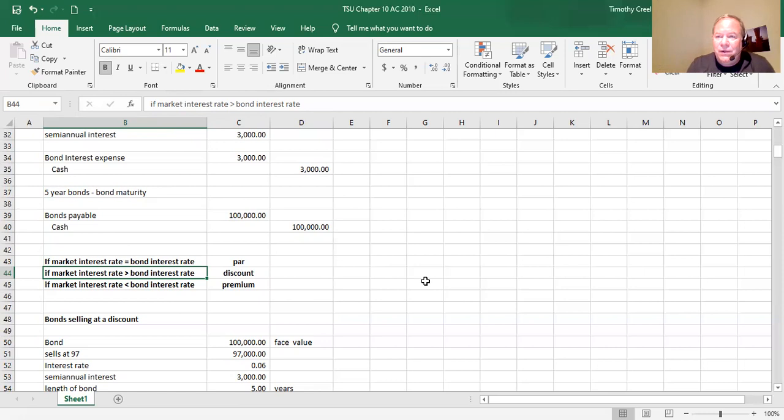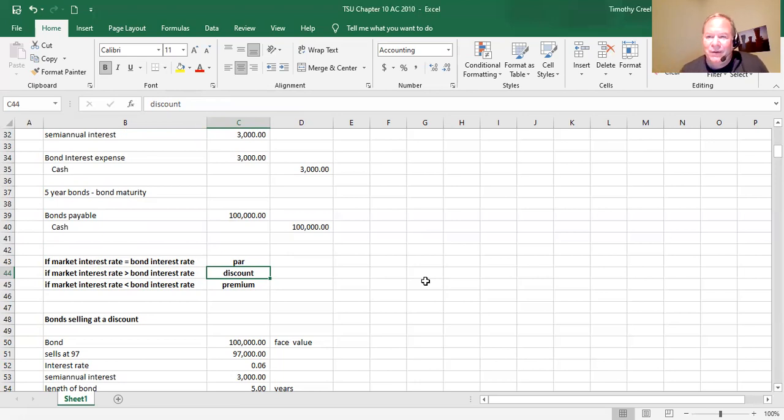They can go out and buy someone else's and get 6%. Why would they buy mine and get 5%? So I end up selling my bond at less than face value in order to get a buyer. I have to sell it at a discount. A discount just means that I'm going to receive less than face value for my bond whenever I sell it, but I'm going to have to pay back the face value.